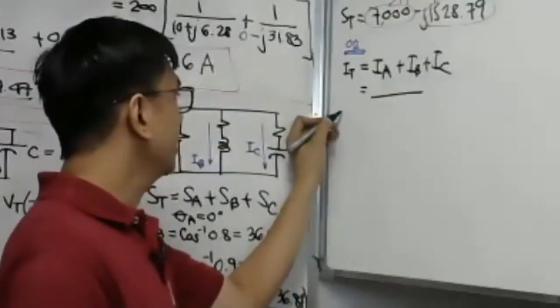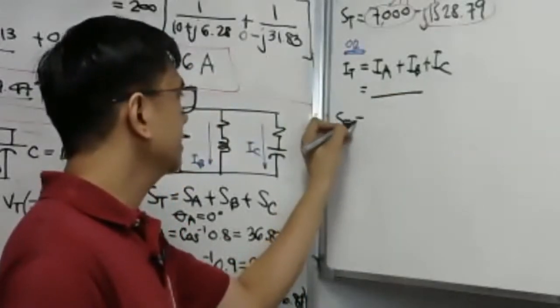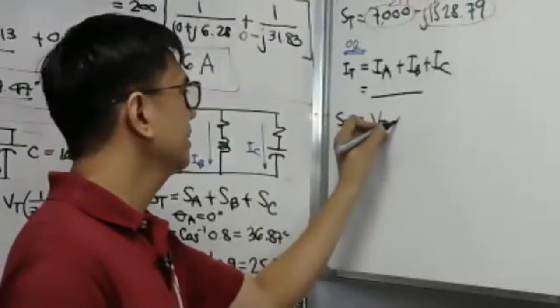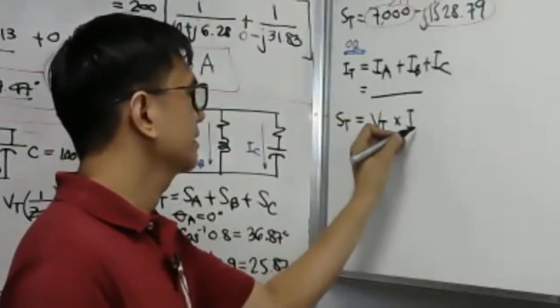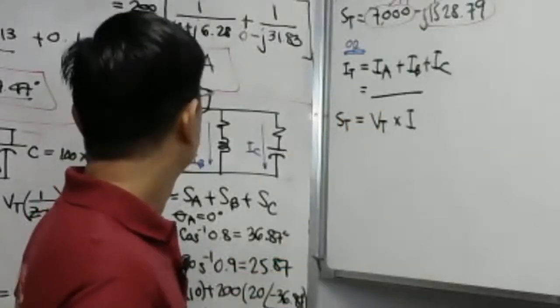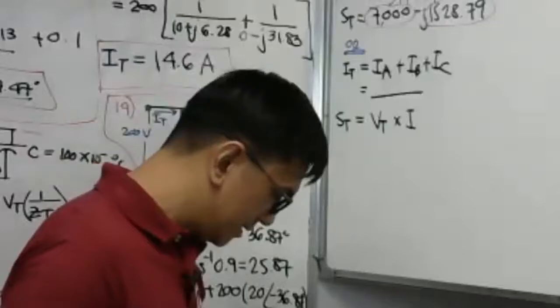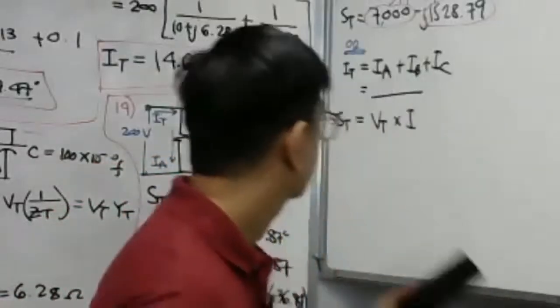And then, ganun din, you can get your ST, that is equal to your V total times I total.